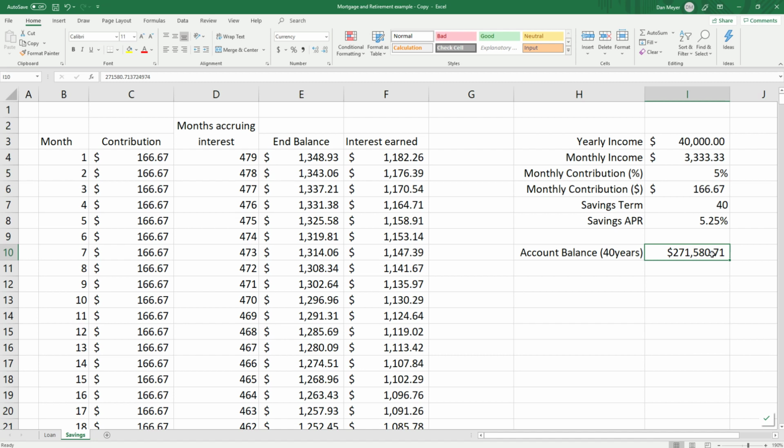Okay? And the half the time is focused on the last half. Okay? So that's what we're going to do here. We're going to look at that, but we're also going to look at the first half. Okay, so we're going to look at a couple of account balances. And again, our total contribution is going to end up being the same here.